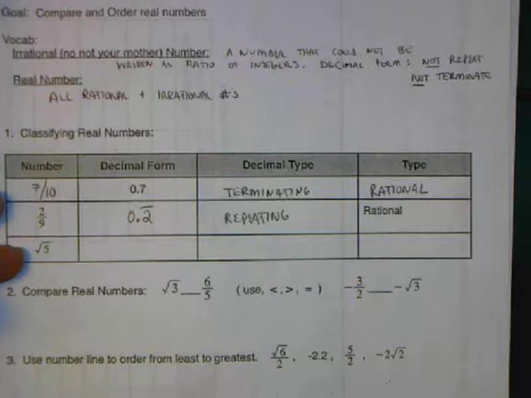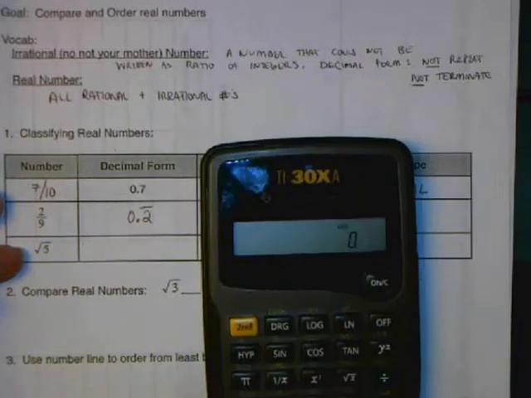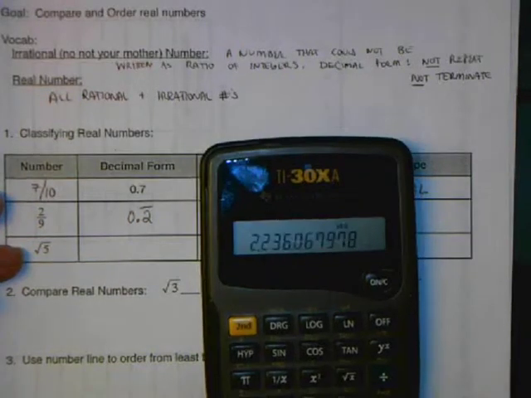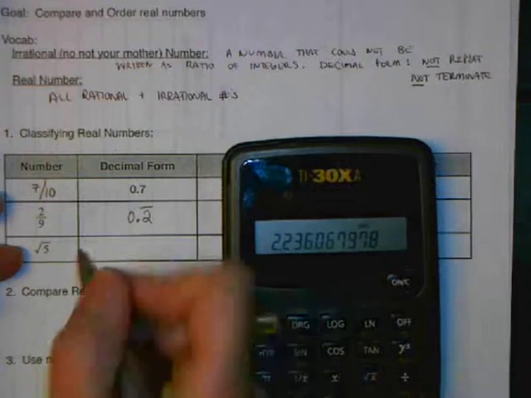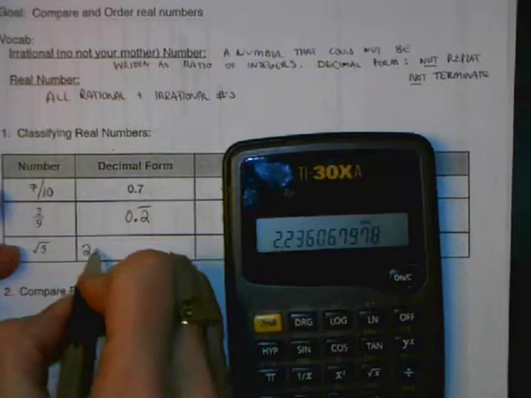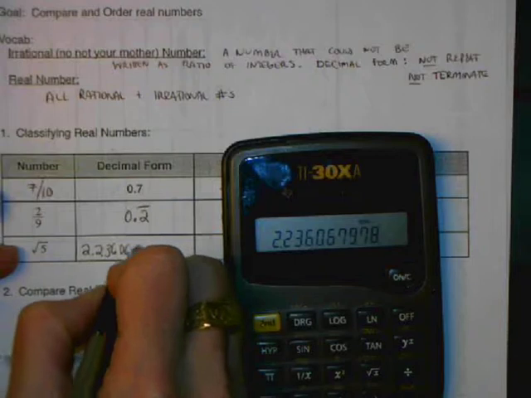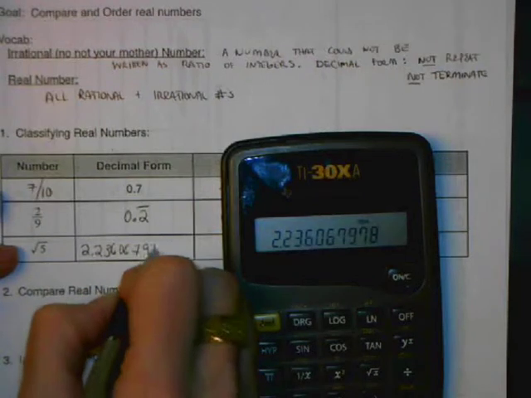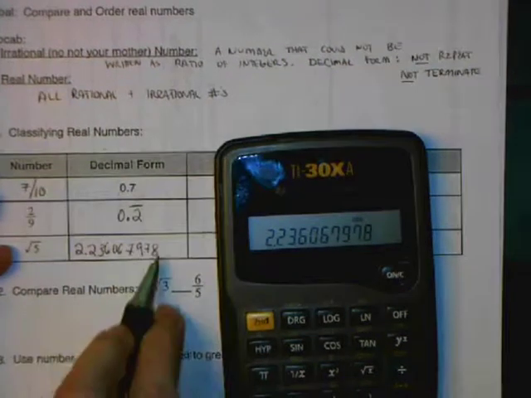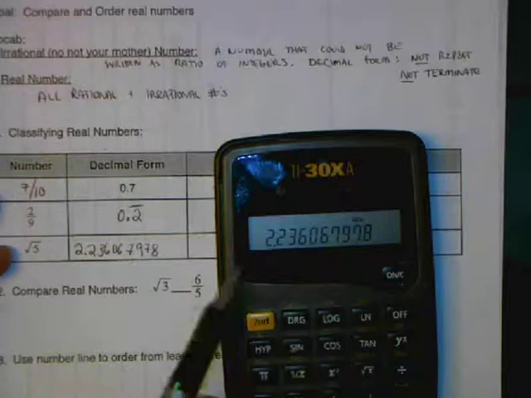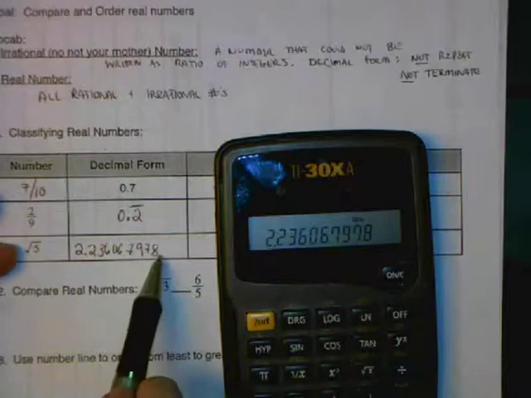All right, last, the square root of 5. So I bust out my calculator and I take the square root of 5 and I get this number that doesn't repeat and doesn't have a pattern. So to write this down, I'm going to write what I see on the display, 2.236067978. But I'm not going to just end it there, because this square root of 5 doesn't end there.